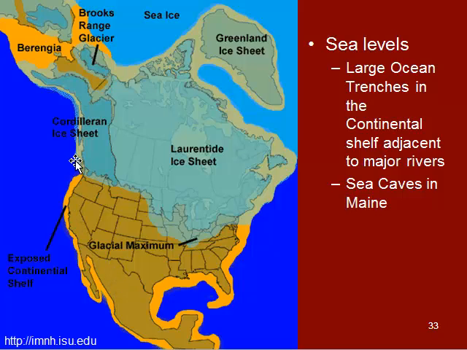We see sea caves, we see the exposed continental shelf in yellow, and we can see evidence of river valleys in that continental shelf because we have great technology to image the seafloor surface. We can see right where the Columbia flows out, a huge submarine canyon that was once above sea level, which is pretty amazing.